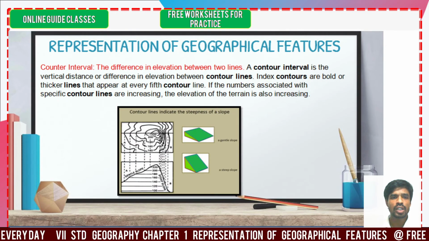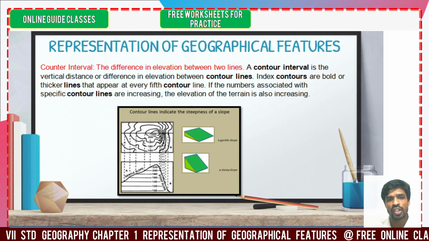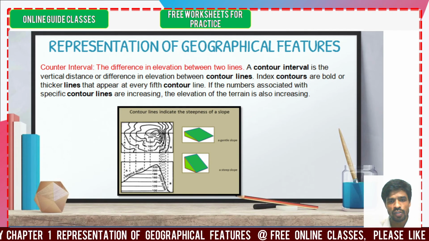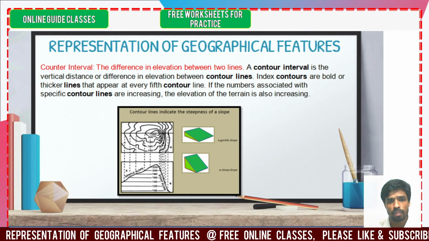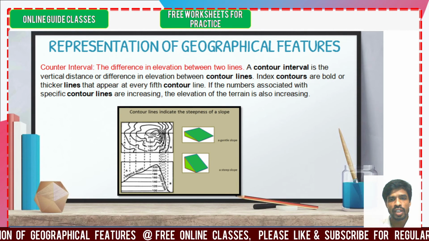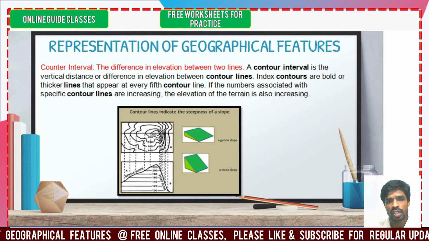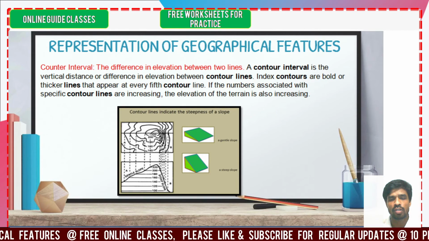The next one is contour interval. What is a contour interval? The difference in elevation between two lines. Can you see the difference over here? It is a gentle slope, and this is how gentle slopes are measured on the topo sheet or topographical map. A contour interval is the vertical distance, or distance in elevation, between contour lines.